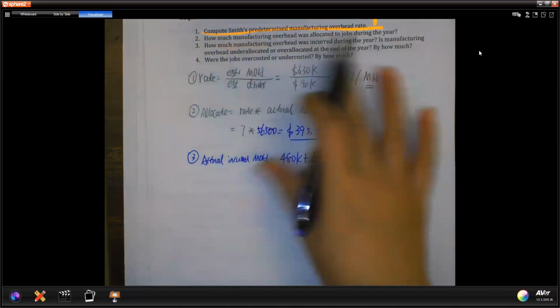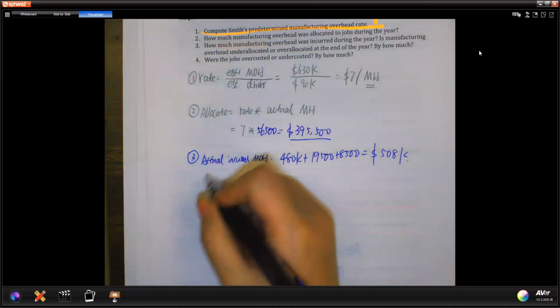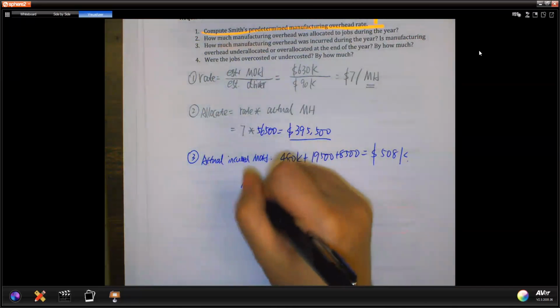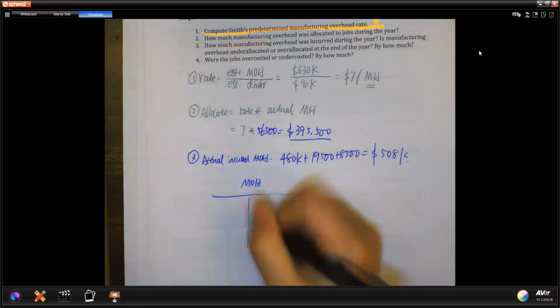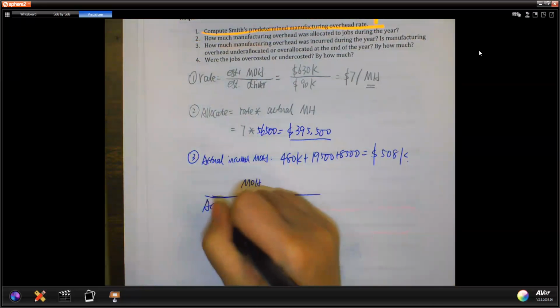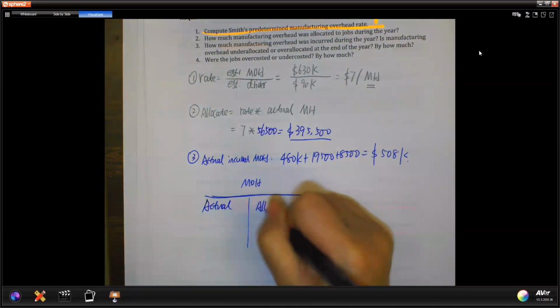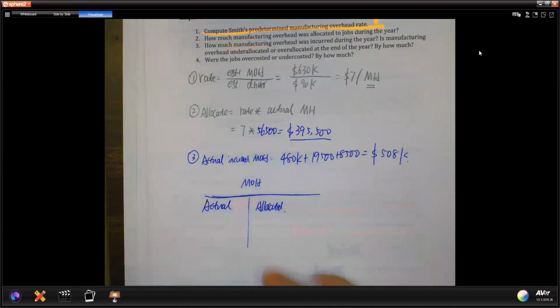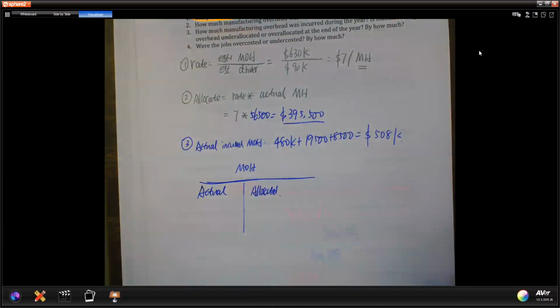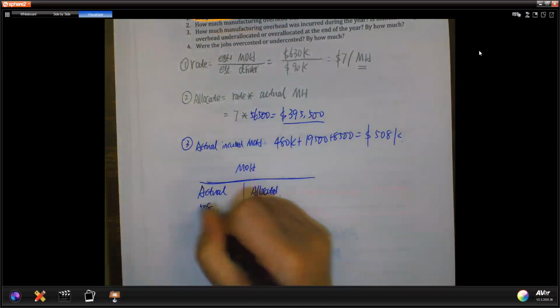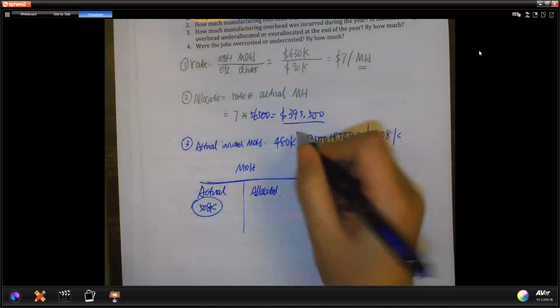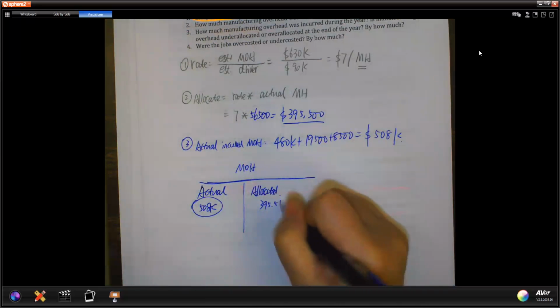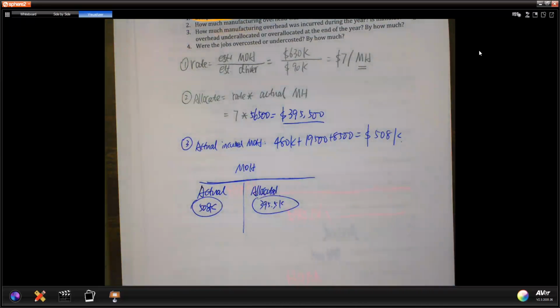Under allocated or over allocated? So you compare, right? For manufacturing overhead, you don't even need a T account, you can just look at it, but I just put actual and then allocated. Your actual is 508,000, but you only allocated 395,500. You tell me, under allocated or over allocated? I believe you all said under allocated, right?